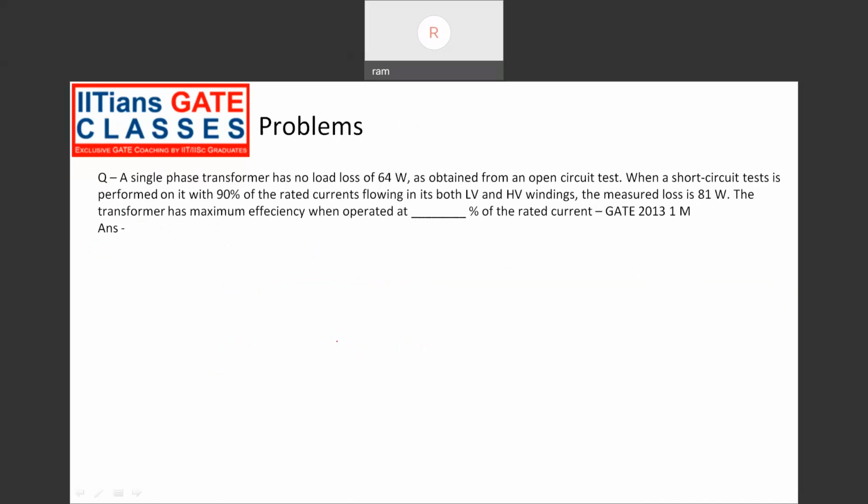So let's first discuss the topic of transformer efficiency, then we'll look at these kinds of questions.